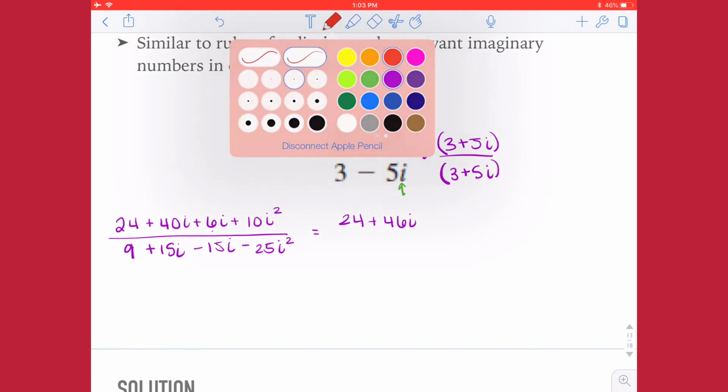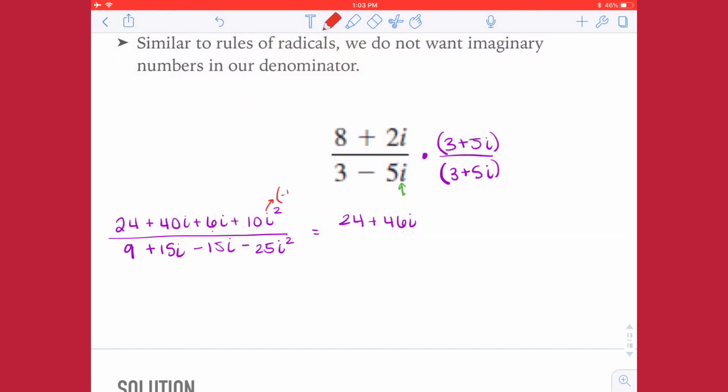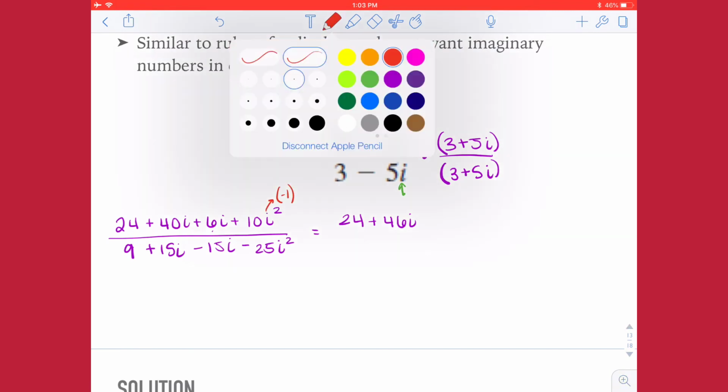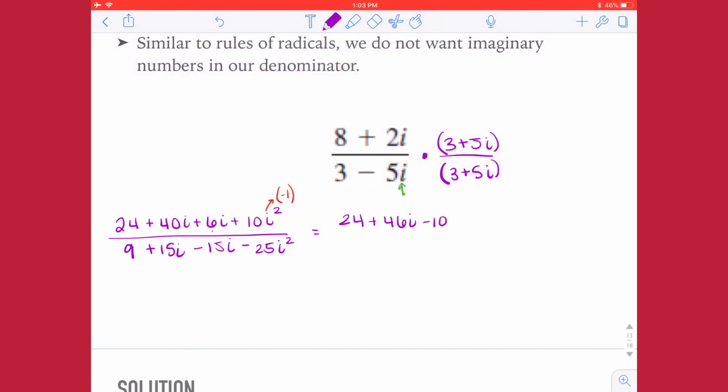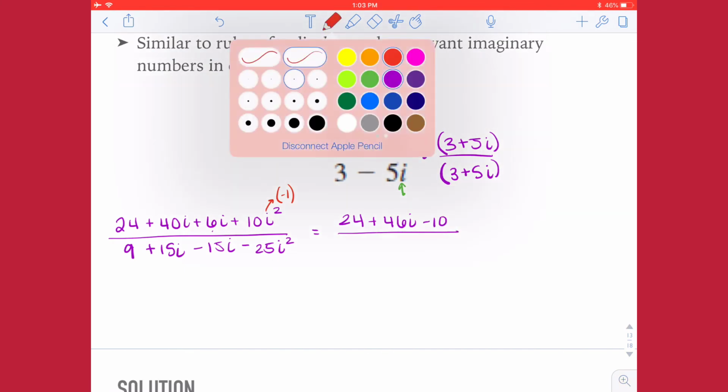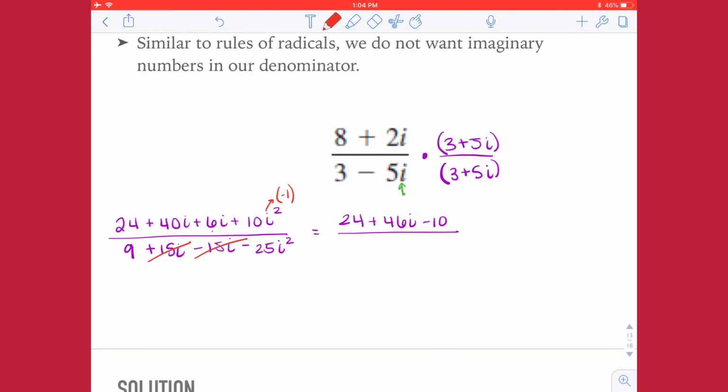And keep in mind that i squared is equal to negative 1. So 10 times negative 1 is negative 10. In the denominator, 15i minus 15i cancel out. Keep in mind that i squared is equal to negative 1, and negative 25 times negative 1 is equal to a positive 25. And then I have that 9 in the front.